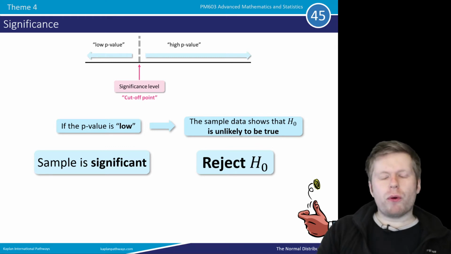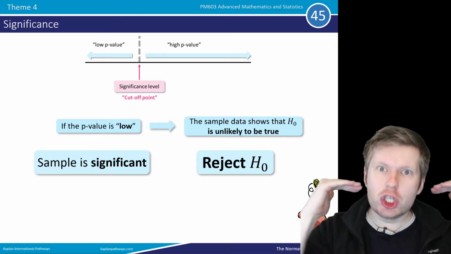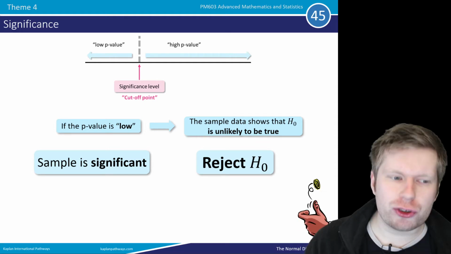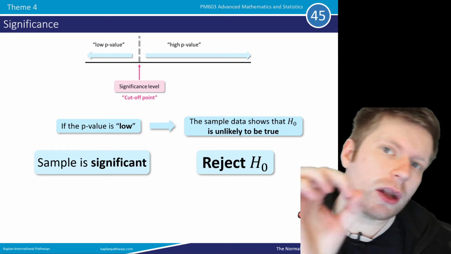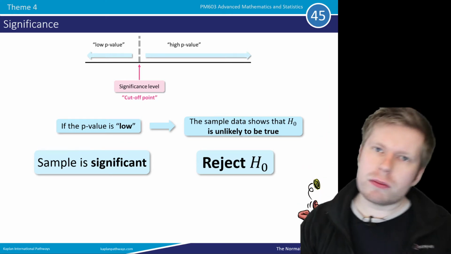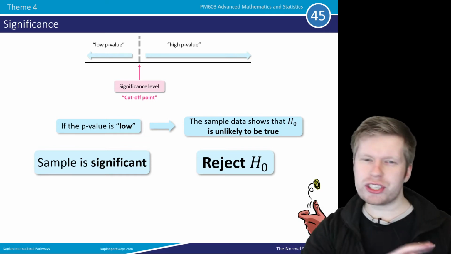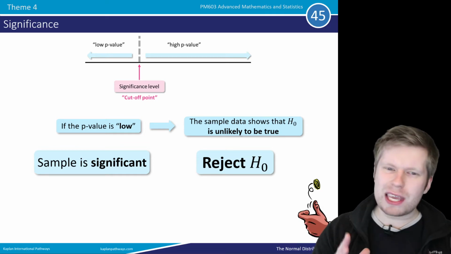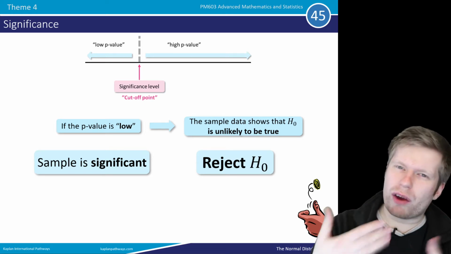Now just be really careful here, because this does not mean that that null hypothesis is definitely not true. It could be true. We've just shown that if that null hypothesis is true, the probability of obtaining our sample is 0.4%. With hypothesis testing, we say, based on this quite low p-value, we're starting to suspect something's not quite right here.